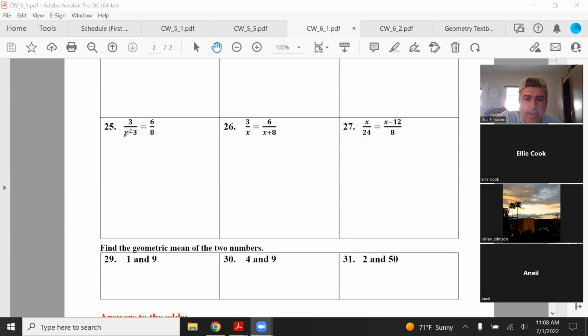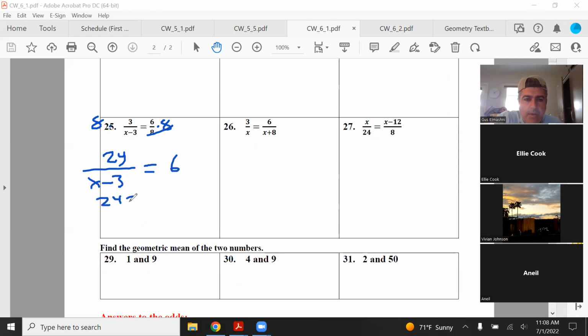Okay, 25, 27. Again, cross multiply. And just so you understand why we can cross multiply, what I'm doing is multiplying both sides by 8 initially. Or you can multiply both sides by x minus 3. If I multiply both sides by 8, those cancel, so I get 24 over x minus 3 equals 6.